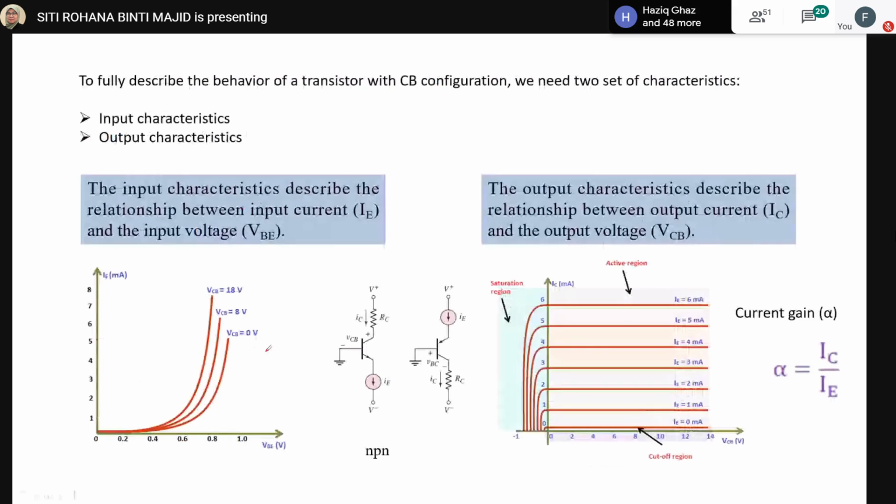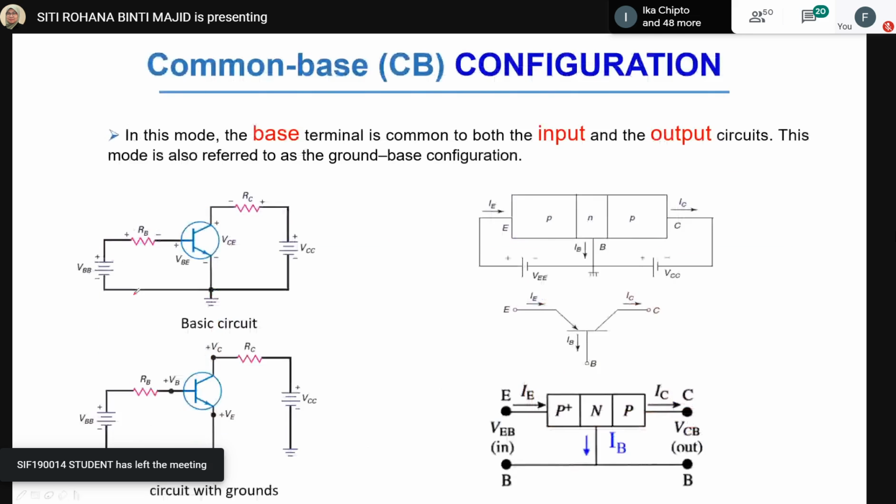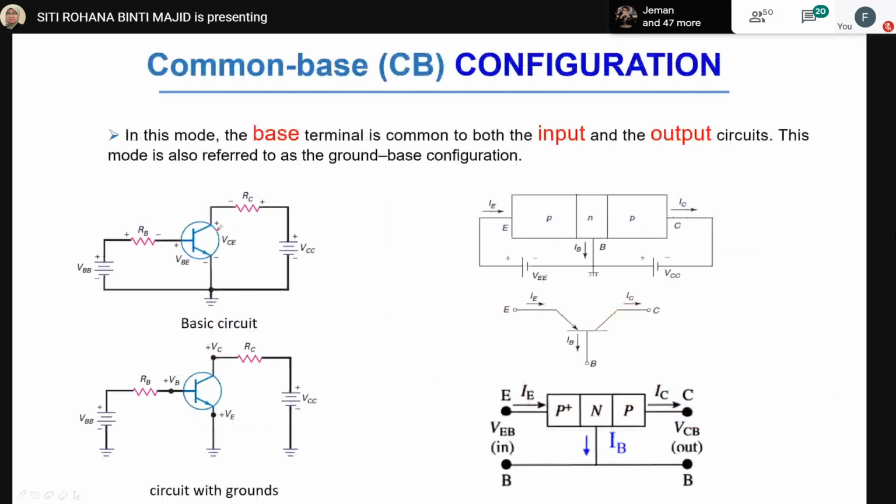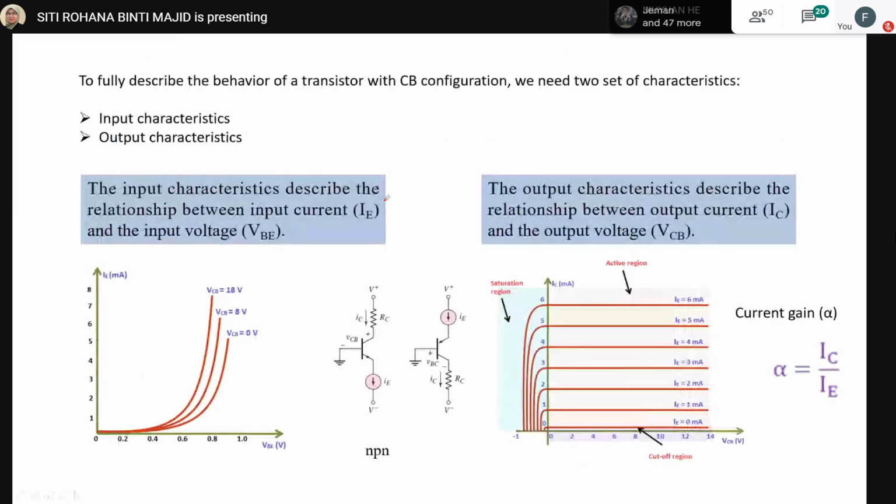For the CB configuration, there are two sets of characteristics. The first one is the input characteristic, which means the behavior of current in this loop, and the output characteristic means the behavior in the output loop.